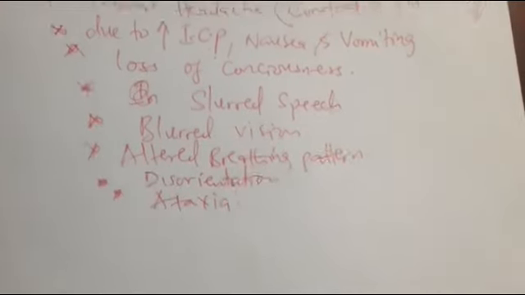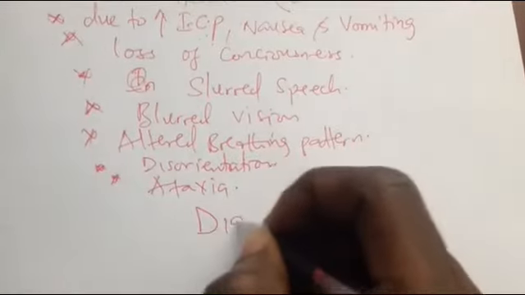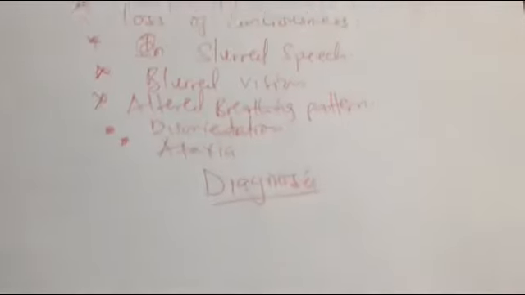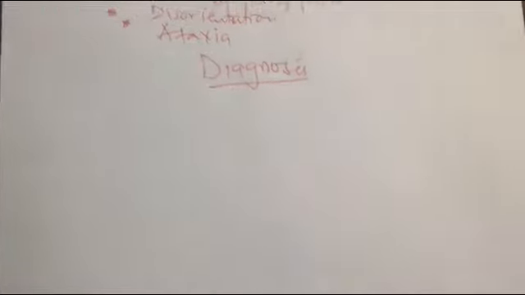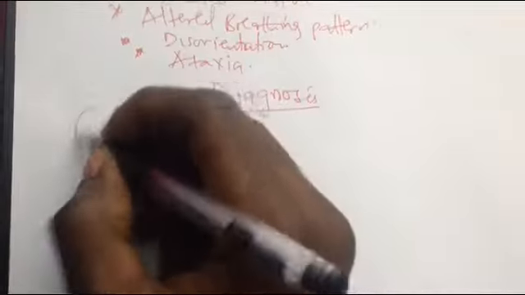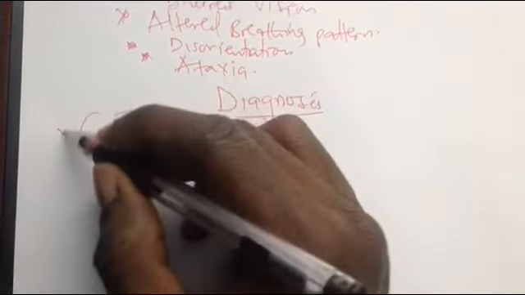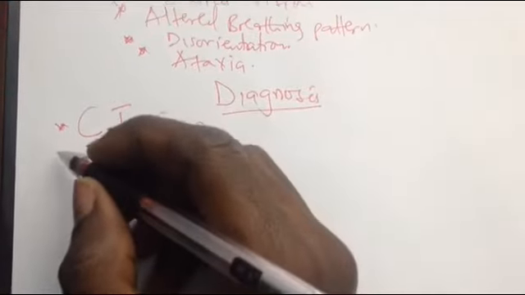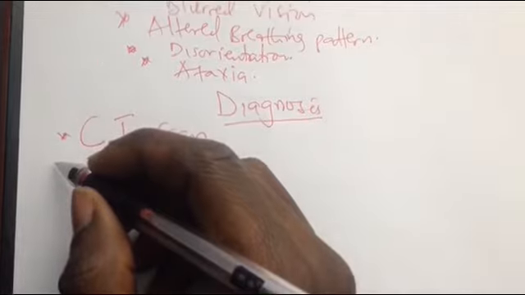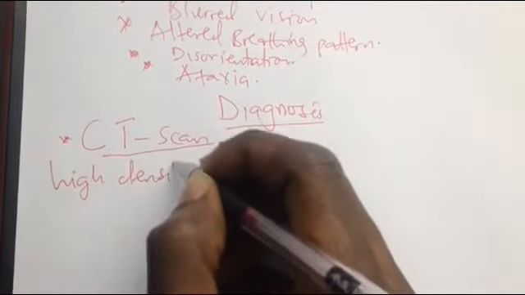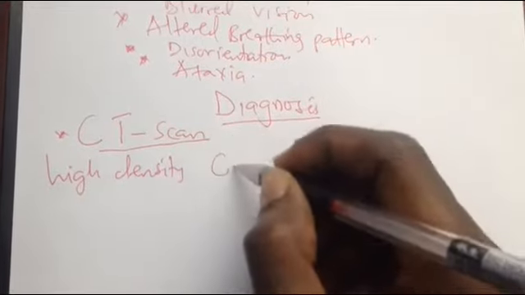Then now let us see the diagnosis. How can you diagnose or confirm whether it is subdural hematoma? As with the epidural hematoma, the most important aspect in diagnosis is to order a CT scan. In that CT scan, you will notice that the patient has a high density crescent shape.